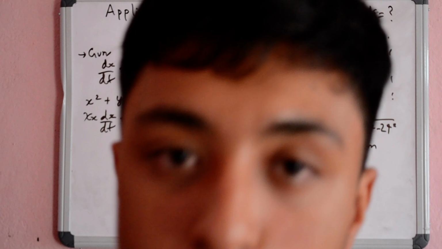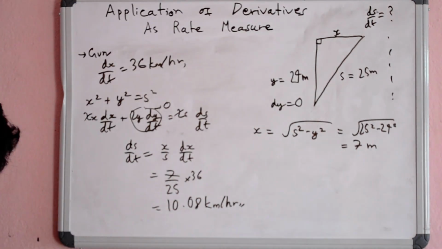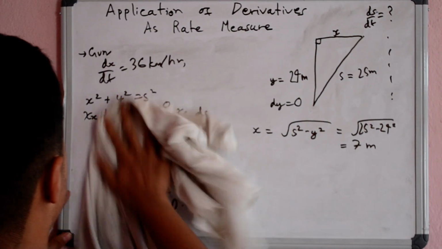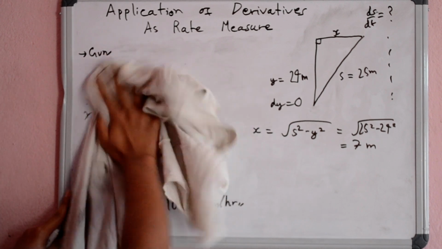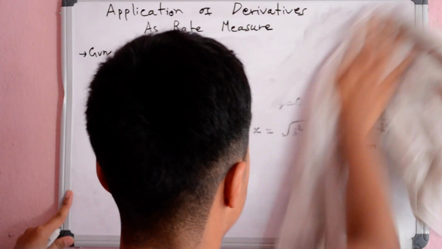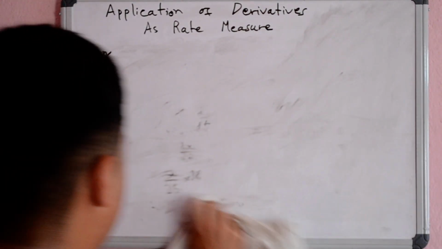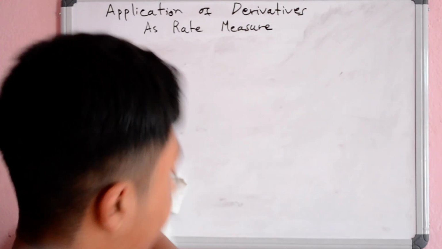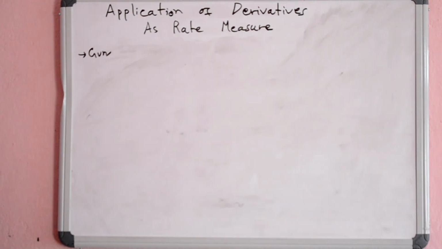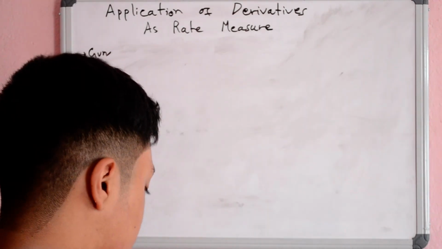Now let's do another question. A 2.5 meter ladder leans against a vertical wall.